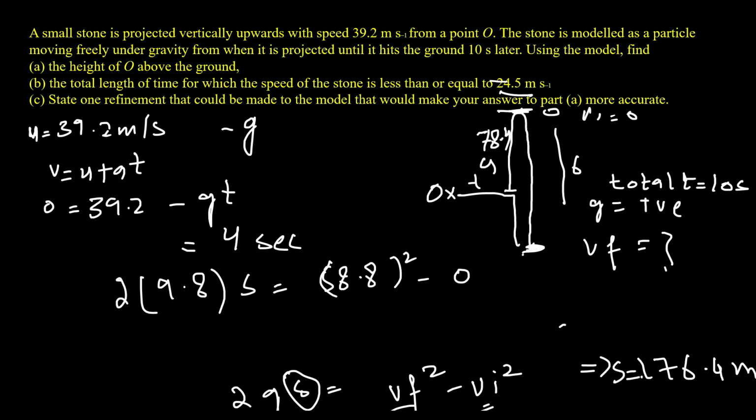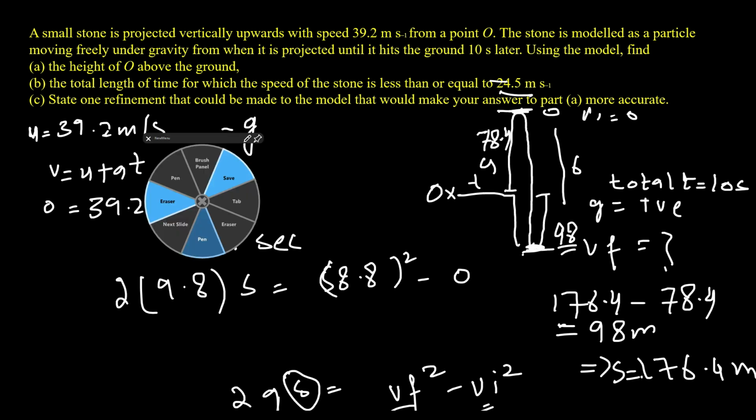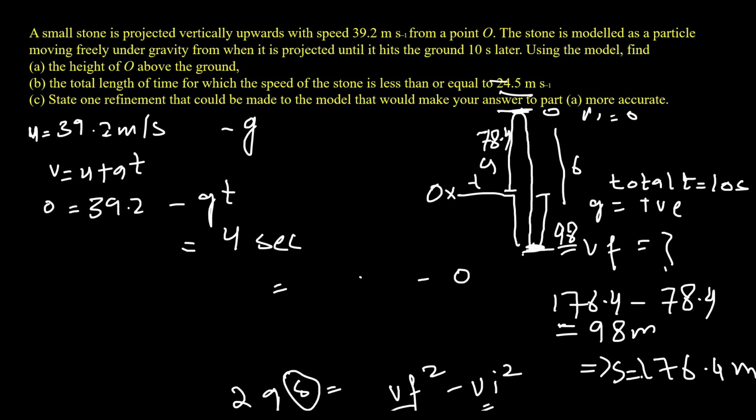So the total height of point O from the ground is 176.4 minus 78.4, which is equal to 98 meters. So the point O is 98 meters high. So that's the answer to part A.